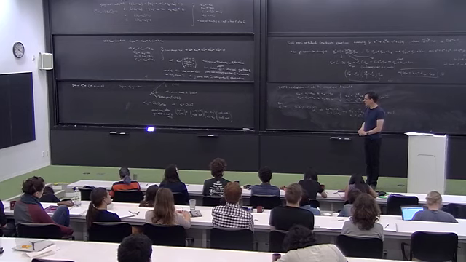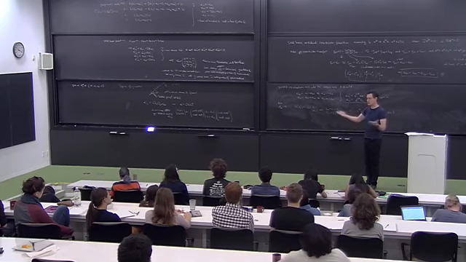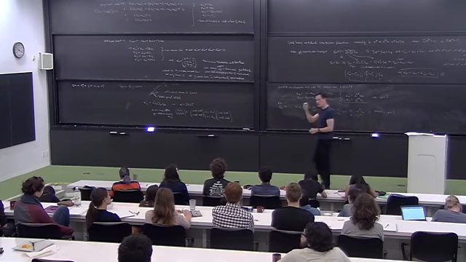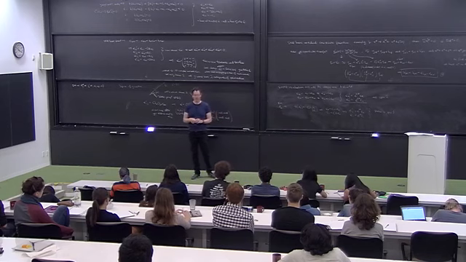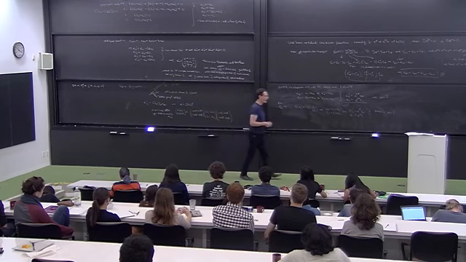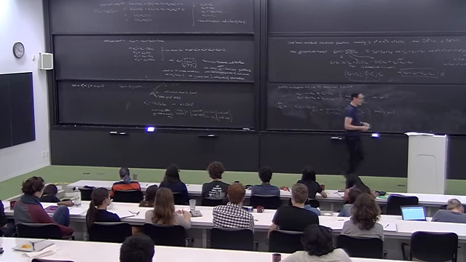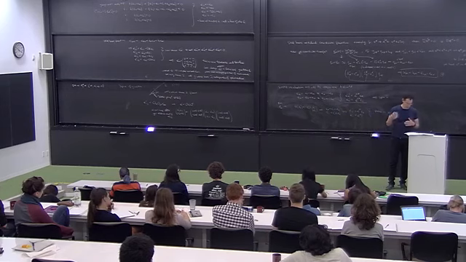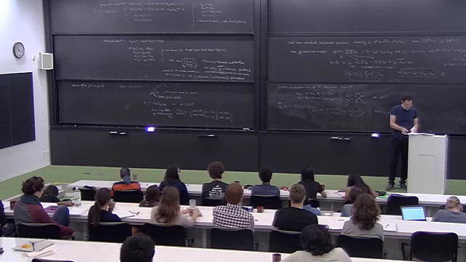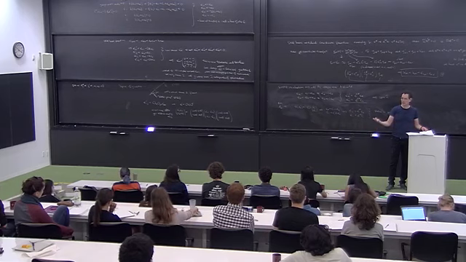Your question is, should you quantize them? Do they come in packets of energy like photons? Is the energy in a graviton given by h bar nu, or h nu? And the short answer is that that seems to be unavoidable. We know of no way to quantize half of nature without quantizing all of it.